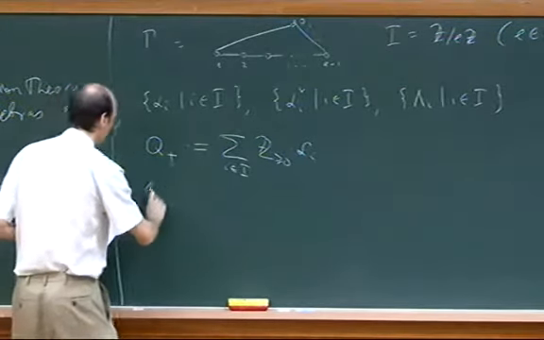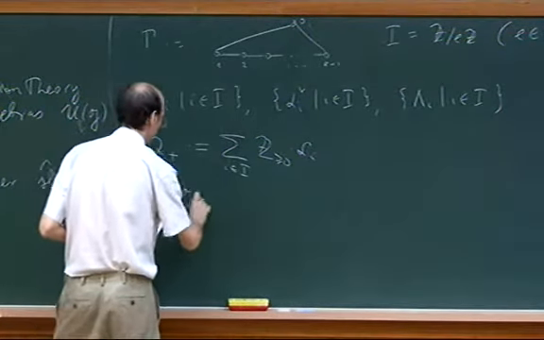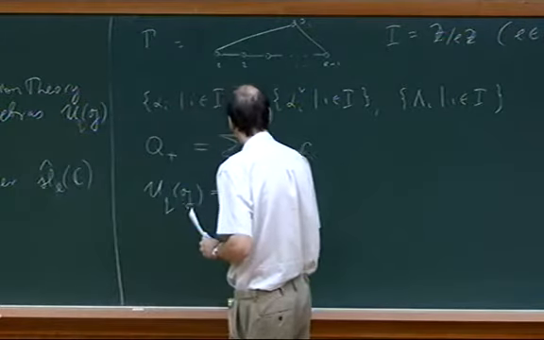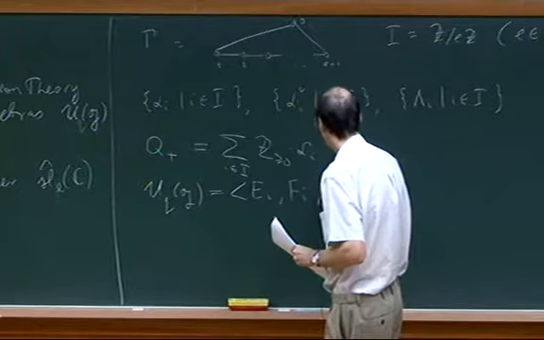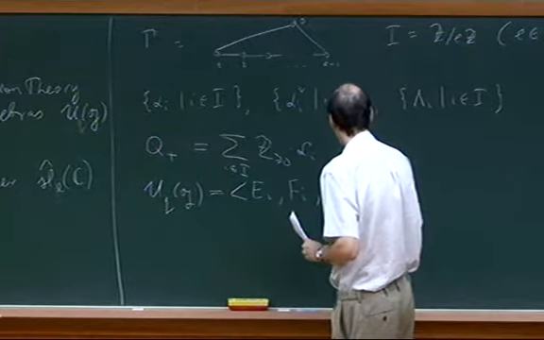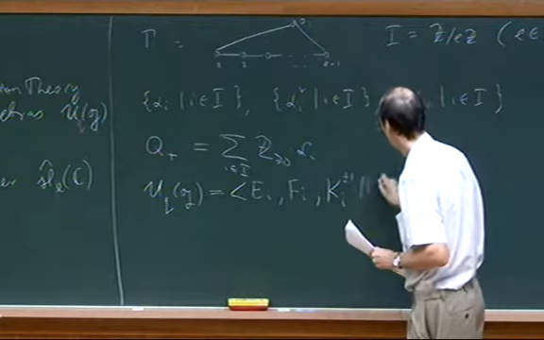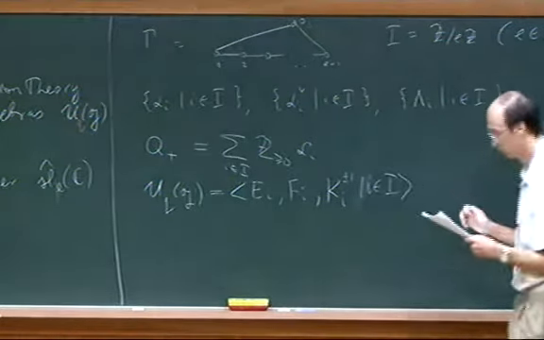And finally, U_q(g) will denote the corresponding quantized enveloping algebra given by the standard Chevalley generators E_i, F_i, and K_i^{±1} for all i in I, subject to quantum Serre relations.